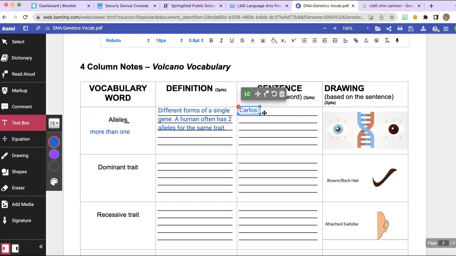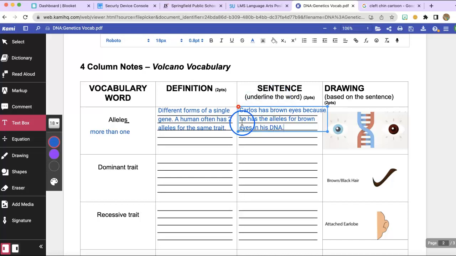Carlos has brown eyes, E-Y-E-S, because he has the alleles for brown eyes in his DNA.